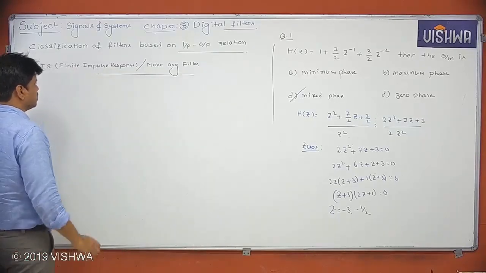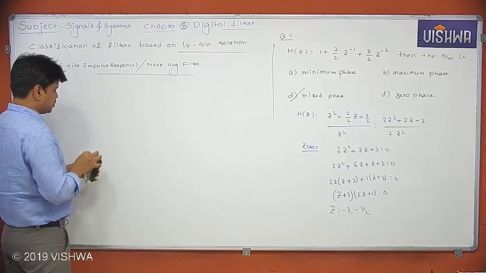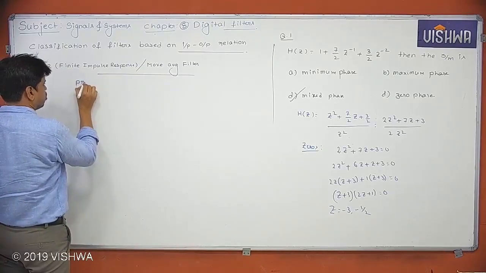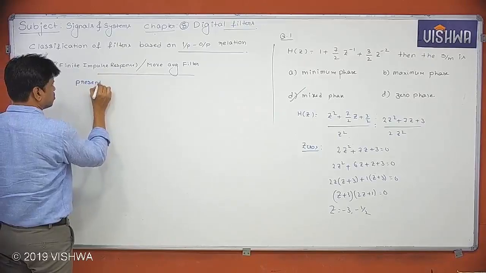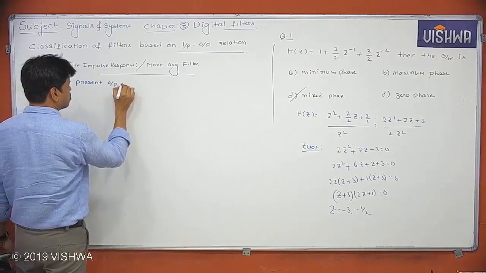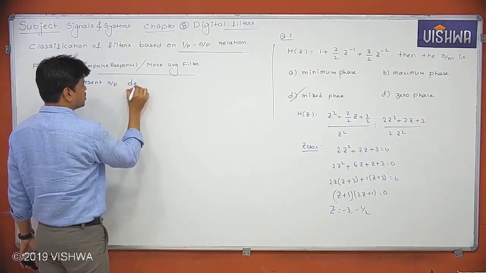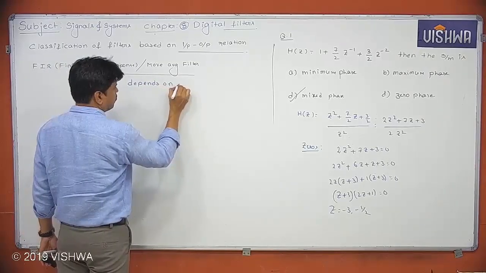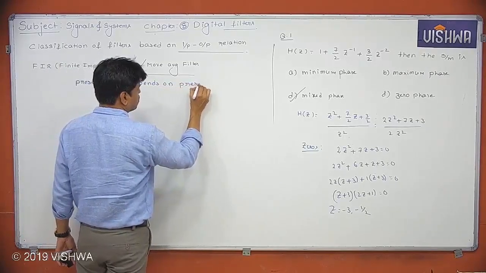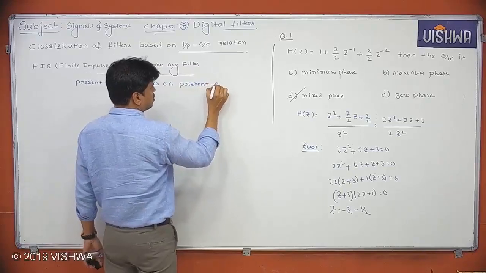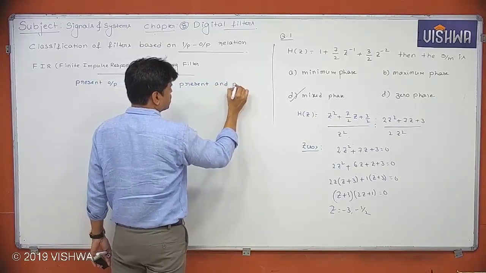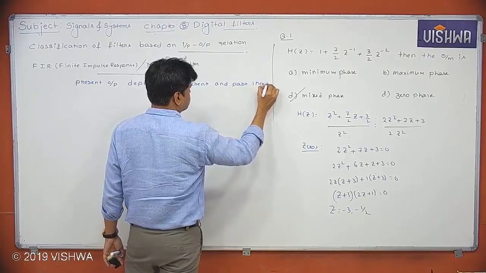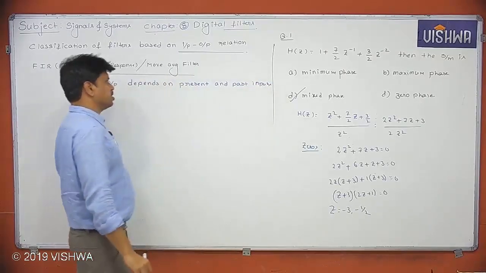So in this, the present output depends on present and past inputs.